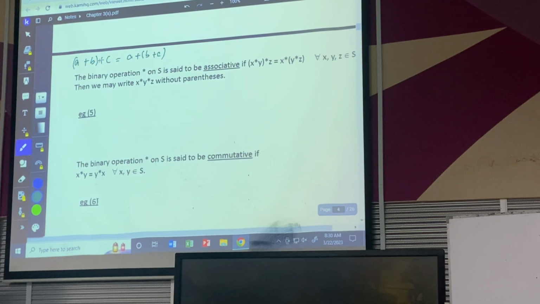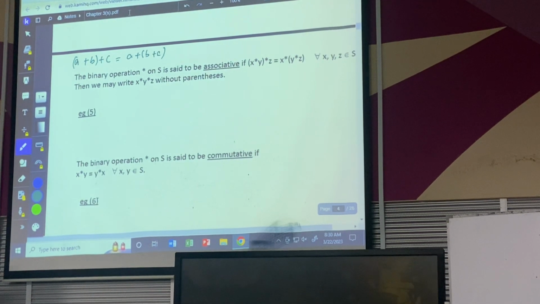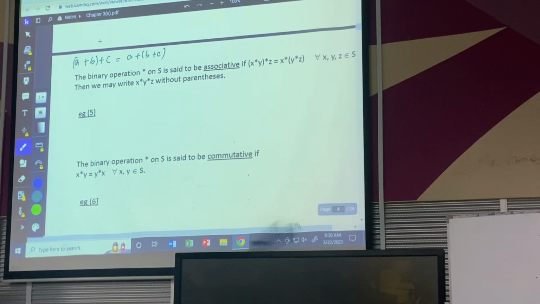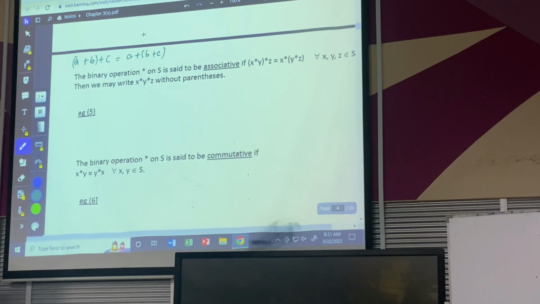Okay? So whenever you say that it is associative, the answer you find must be the same, no matter which part you do first. For the binary operation it is also the same. If they give you the asterisk, this one will represent the binary operation. If it is associative, it means that these two will give the same answer.